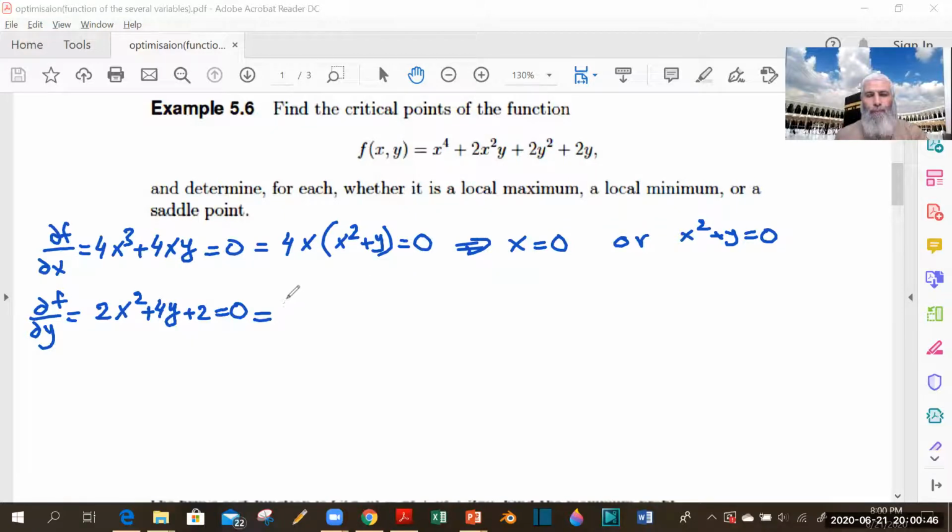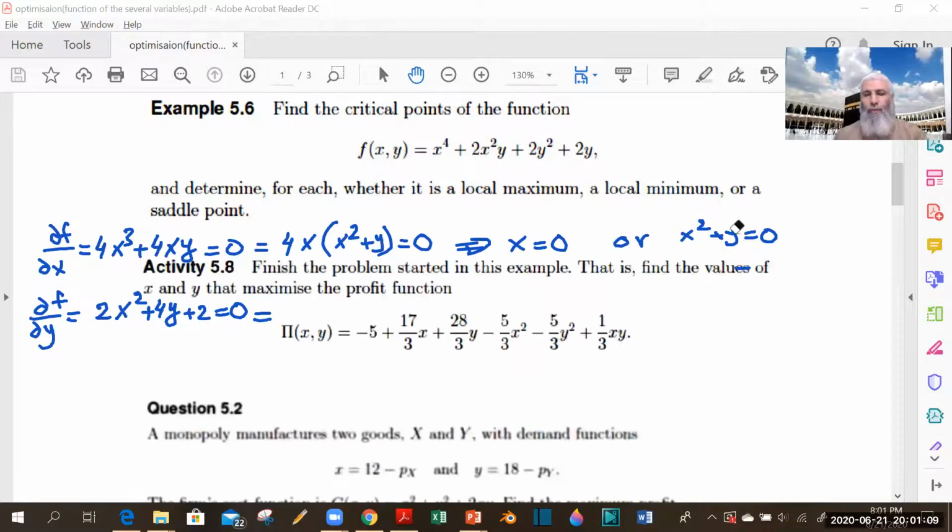And this means that x squared equals negative y, right? Yes, right.